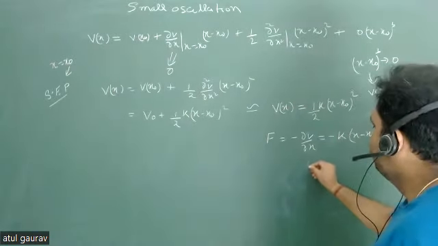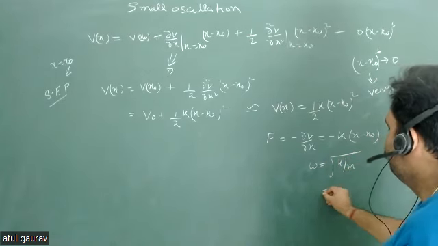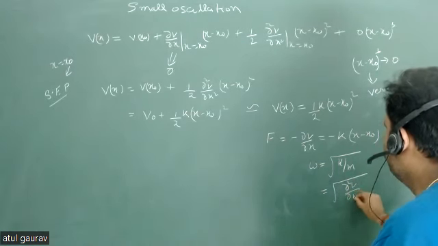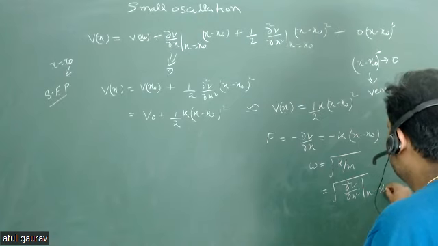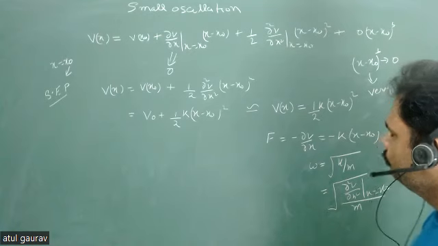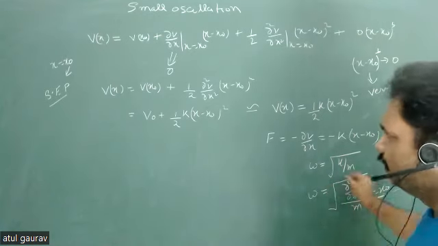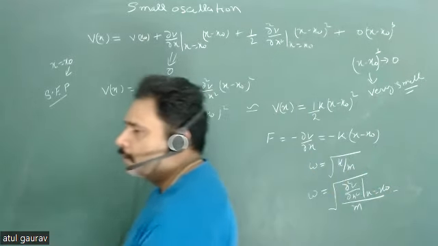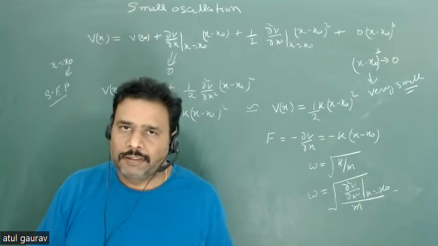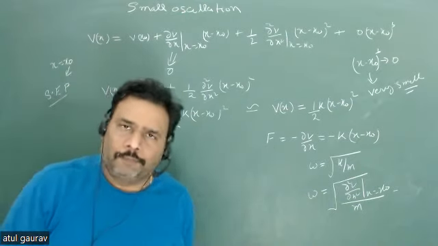And if it is linear, then you can get omega, which is nothing but root of k upon m, and k is del square V upon del x square at x equal to x naught. So this value is your omega, the angular frequency for the small oscillation, and it is one of the very fundamental parameters for small oscillation. So you can use it for different types of problems.